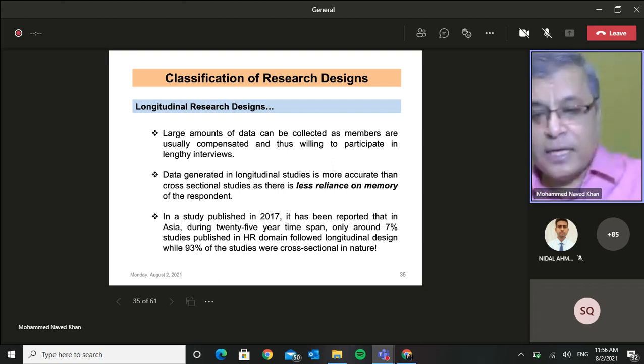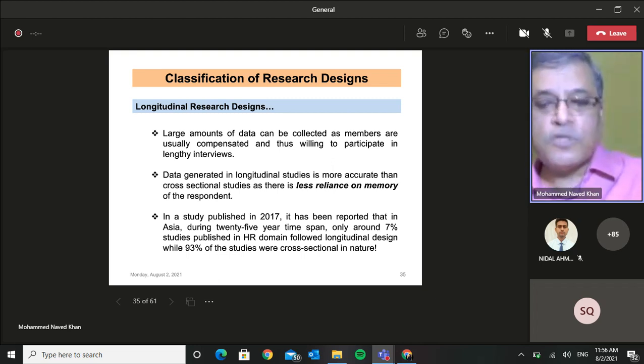An interesting example that I would like to share is a study published in 2017, which reported that in our continent, Asia, during a 25-year period, only 7% of studies published in the domain of HR followed the longitudinal design, and the remaining 93% were all following cross-sectional design.